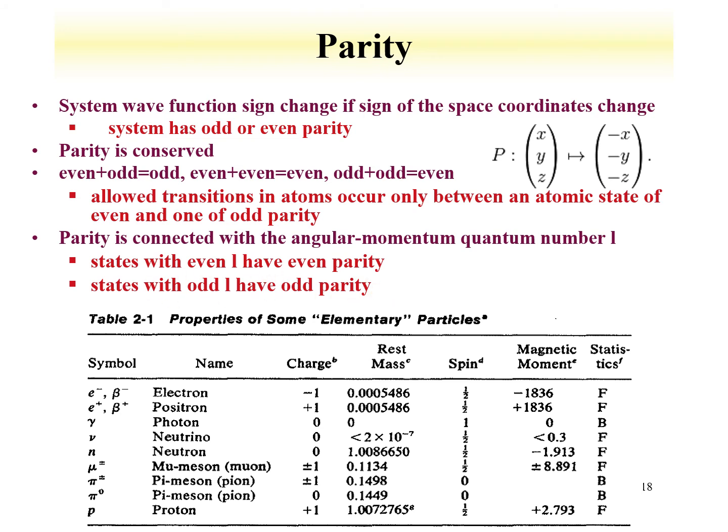And as a review, here are some properties of elementary particles: charges, rest mass, spins, magnetic moments, and what sort of statistics they follow. We've talked about the electron, photon, positron, neutron, and proton within this lecture.